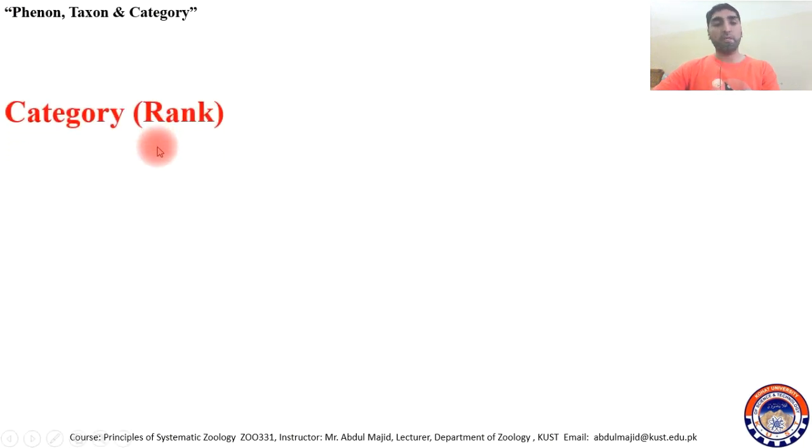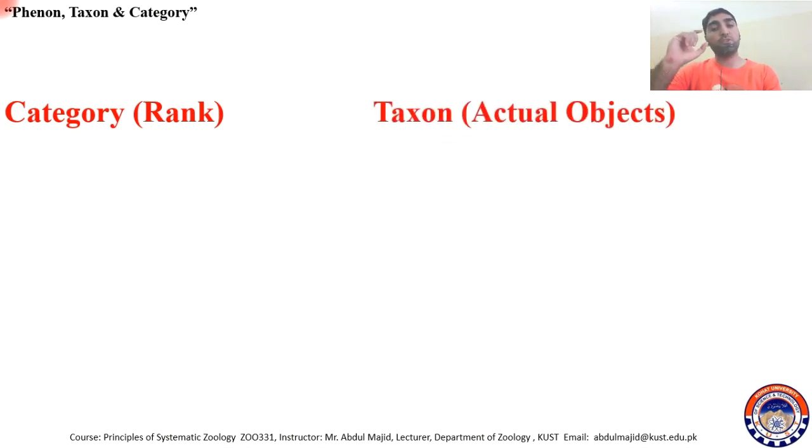Now, let me explain a little bit what a category is. Category is actually rank, and taxon is the actual object. For example, if I tell you that I have a friend who is a professor, you will think that a professor is in grade 21 or 22, but you don't know the actual person.